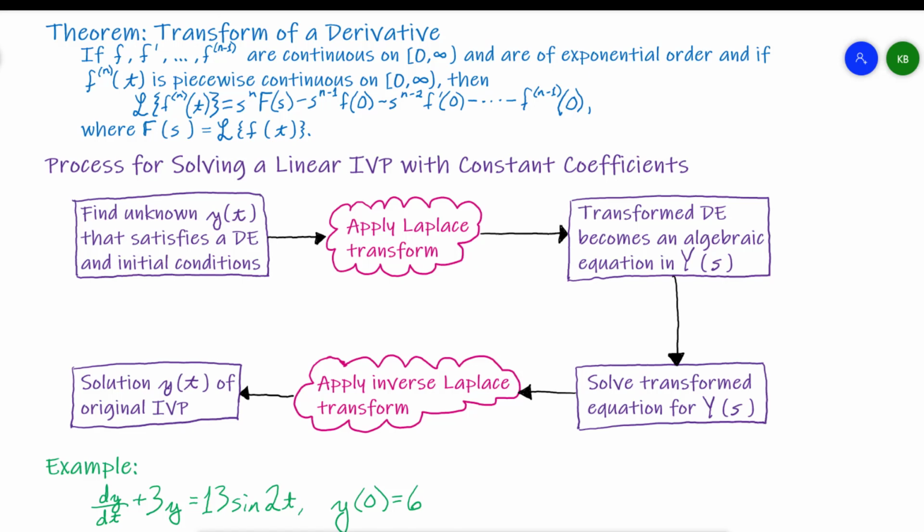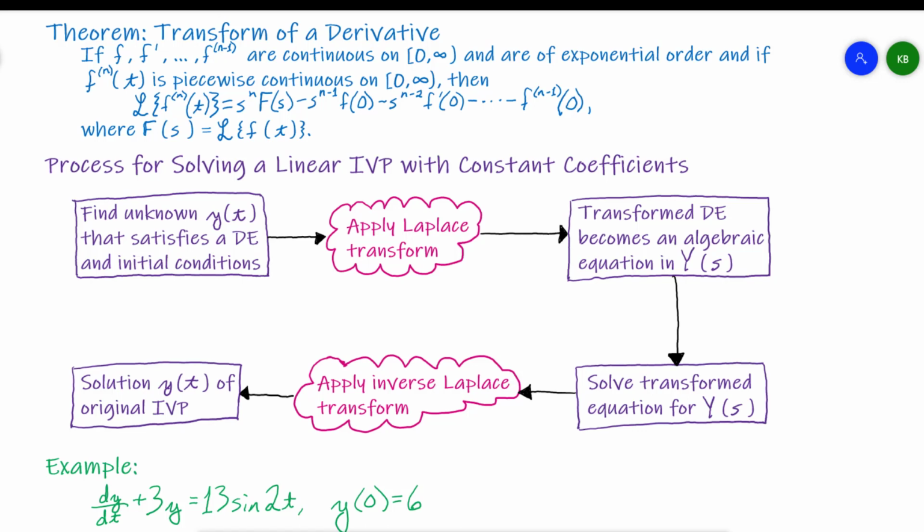And you guessed it, then we're going to apply the inverse Laplace transform to both sides of that equation, and that's going to give us the lowercase y of t that solves our original initial value problem. So that might seem a little bit strange, that we're going to transform and then transform it back, but that's how we're going to solve differential equations using the Laplace transform.